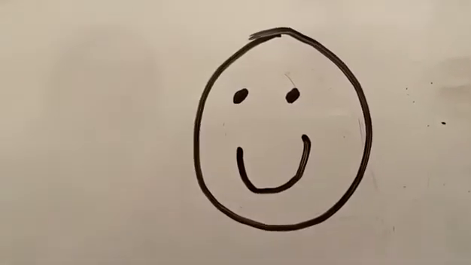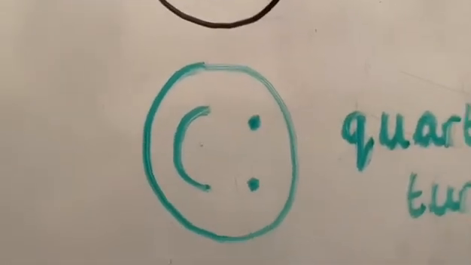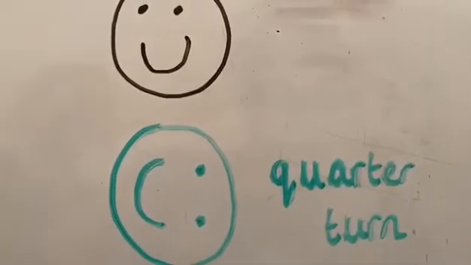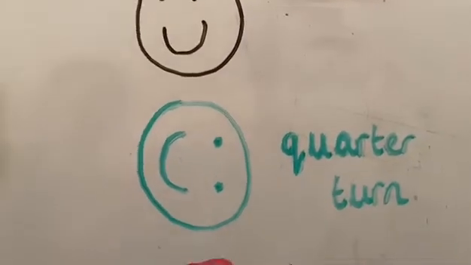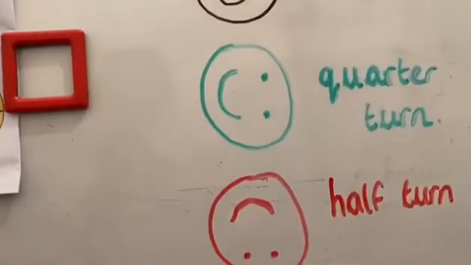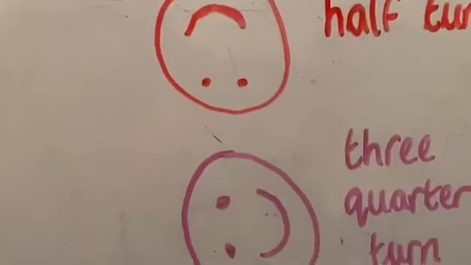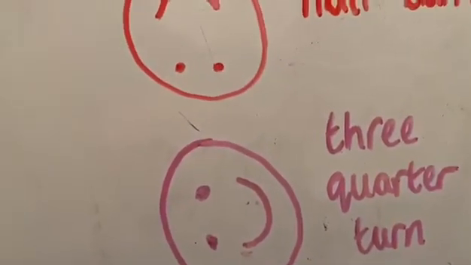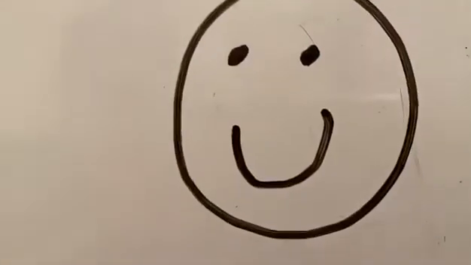This is the starting point. This is my smiley face having made a quarter turn. This is my smiley face having made a half turn, and we have my smiley face having made a 3/4 turn. If my smiley face is to make a full turn, it will go back to being like that.